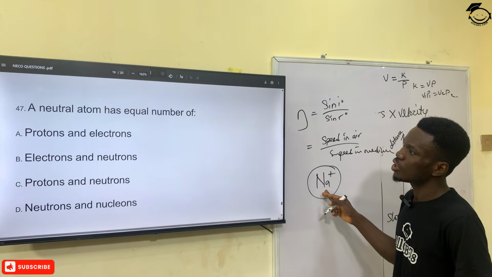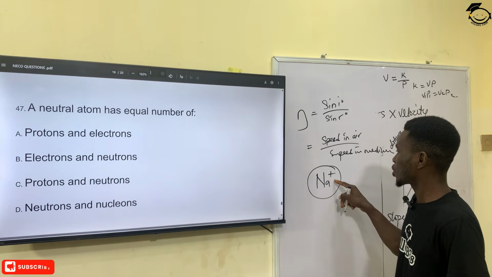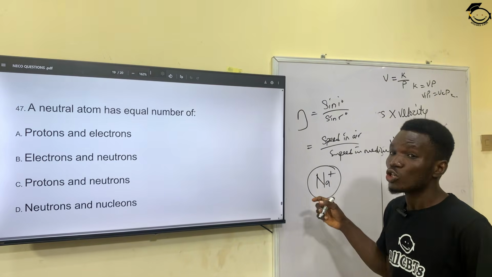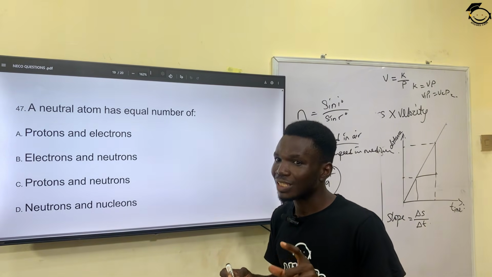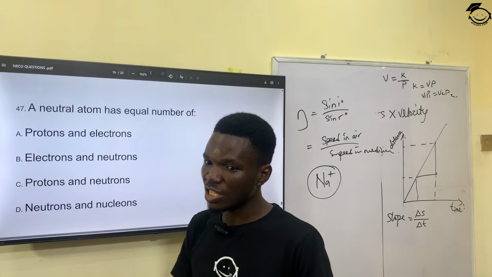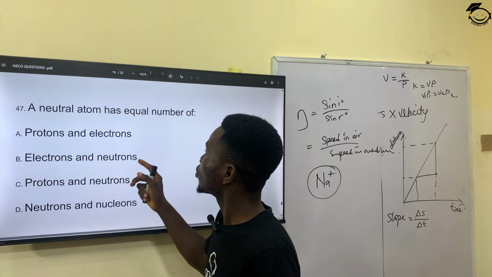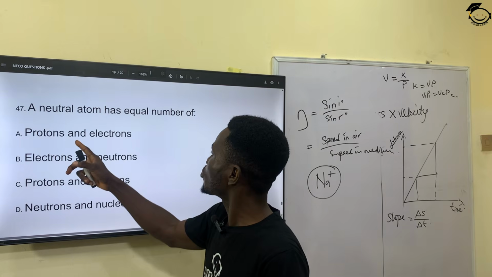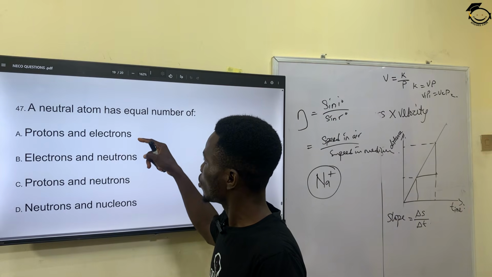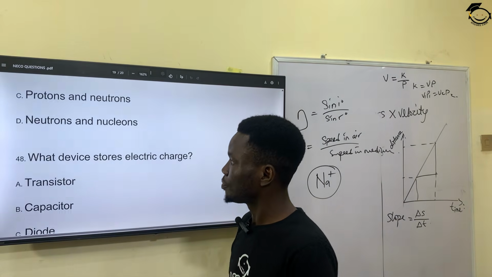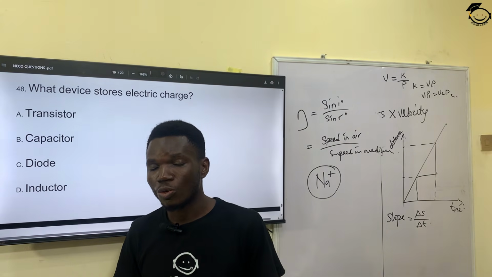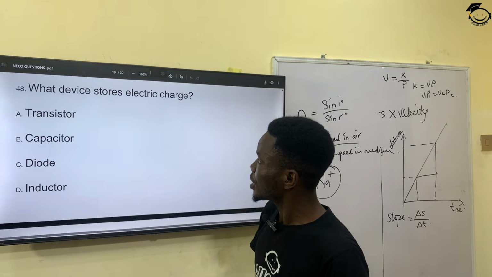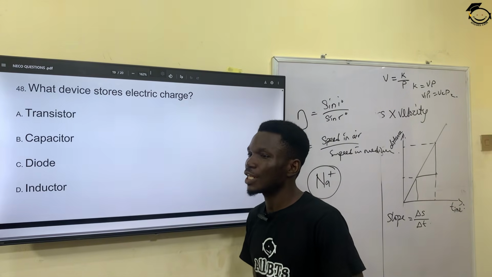This is not a neutral atom, as it is charged as a result of loss of electrons. When the protons and the electrons are equal, that particular atom is stable and neutral. So the correct answer is equal number of protons and electrons, which is option A.